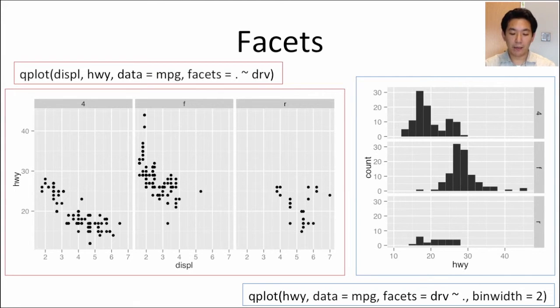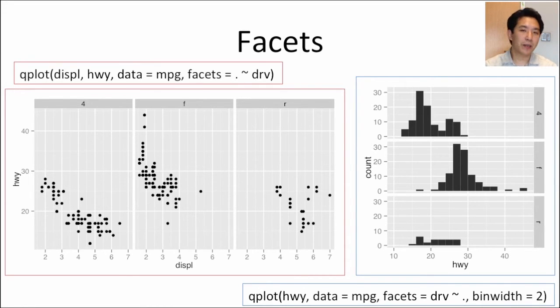The facets variable takes a format where there's a variable on the left-hand side and a variable on the right-hand side, and they're separated by a tilde. The variable on the right-hand side determines the columns of the panels, and the variable on the left-hand side indicates the rows of this kind of matrix. Now notice that in the left plot, which is outlined by the red box, there's only one row.